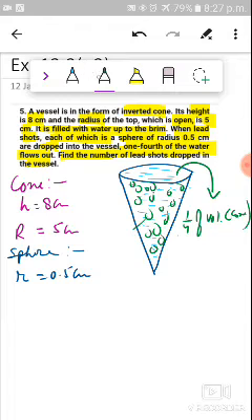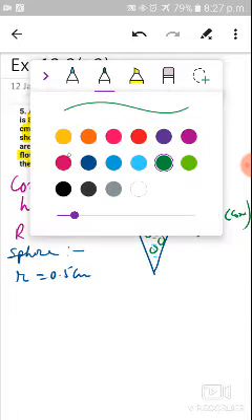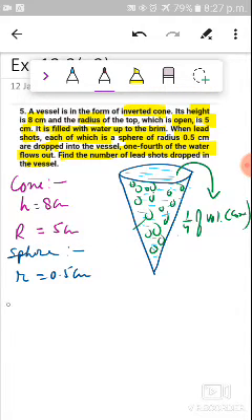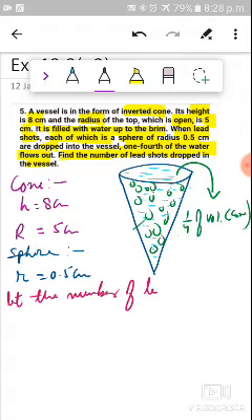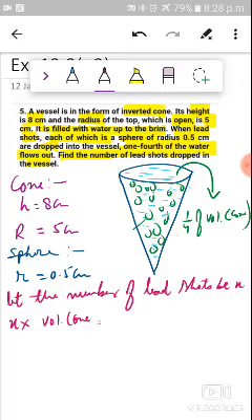So let the number of lead shots be x. So according to the question, x multiply volume of one lead shot or one sphere.